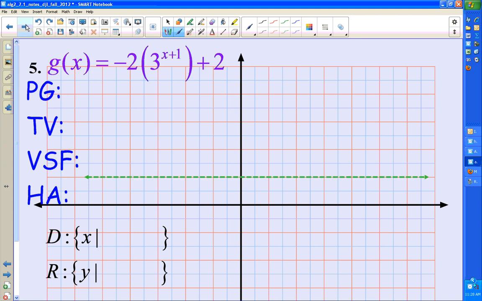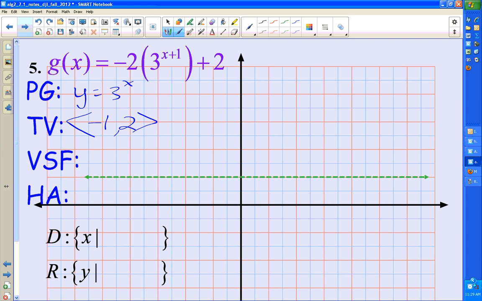Let's look at one that has a flip and a stretch factor. If it has a flip, it's got to have a stretch factor. Same parent graph that we just dealt with, y equals 3 to the x. Tyler, what's the translation vector? Negative 1, 2. Now, in this case, we're going to have a vertical stretch factor.